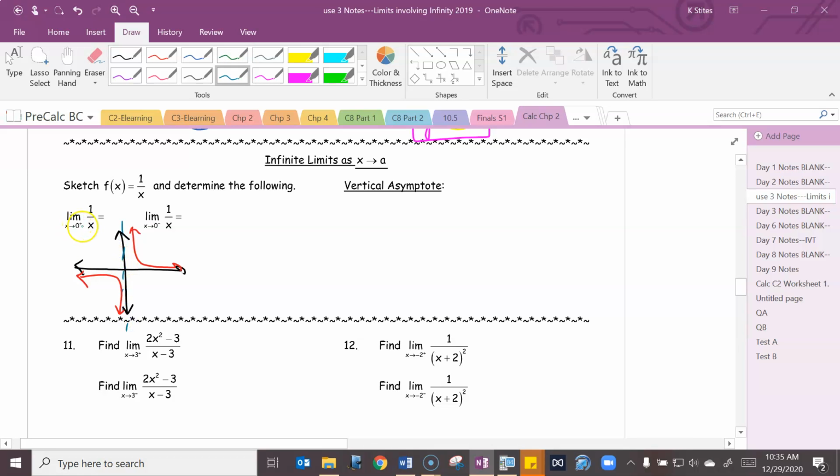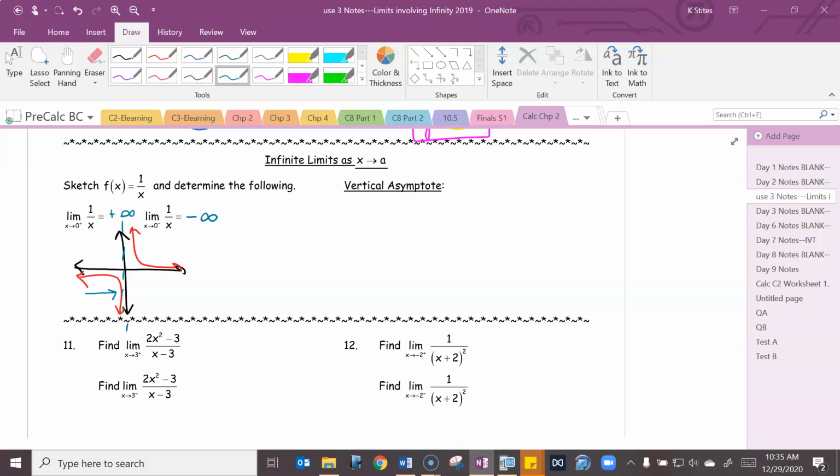As x approaches 0 from the right, this should be familiar from intermediate behavior, this guy's going up. This is a positive infinity. As x approaches 0 from the left, this is going down. This is a negative infinity. Okay, so those are your limits.